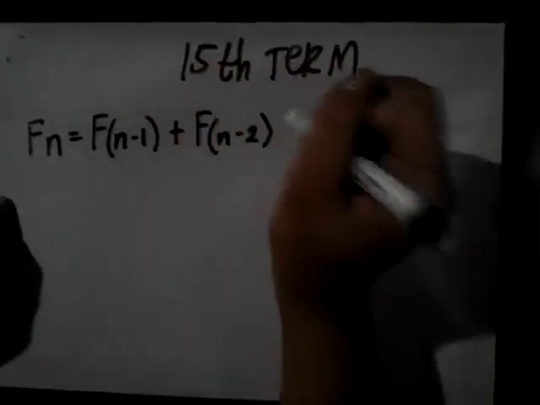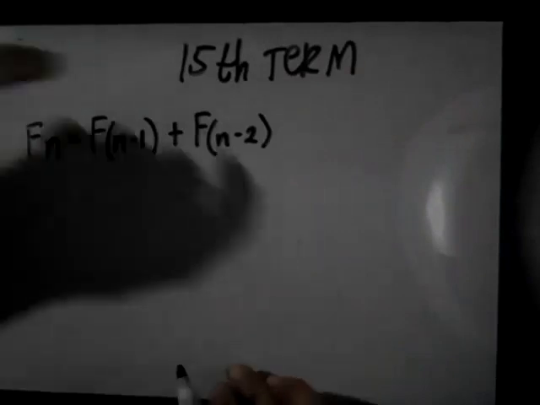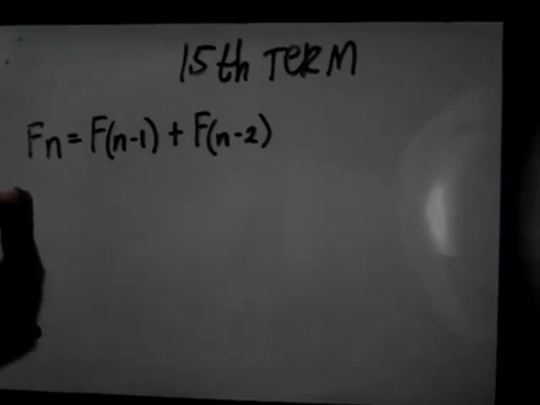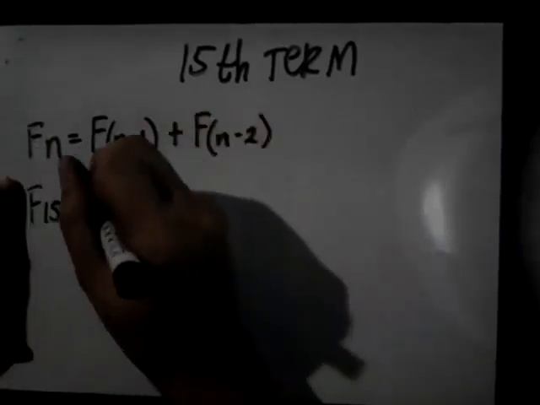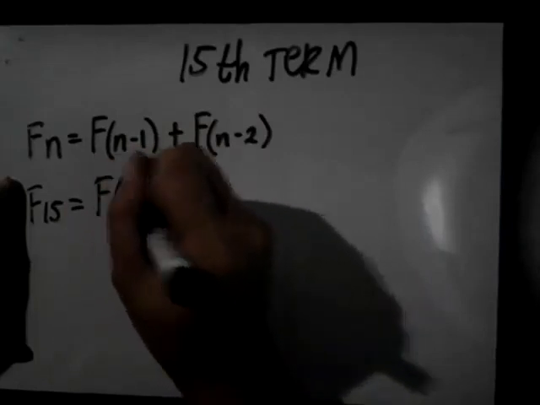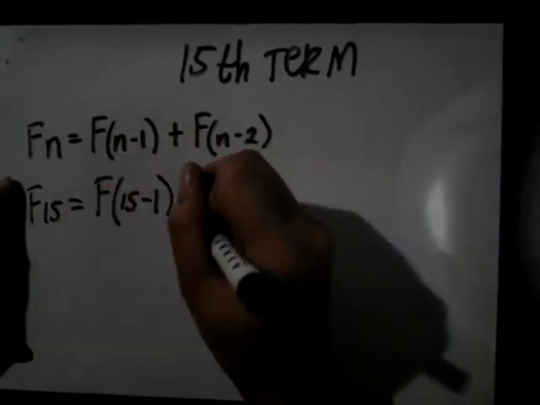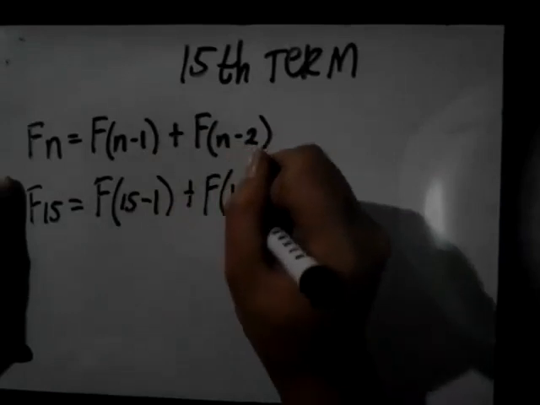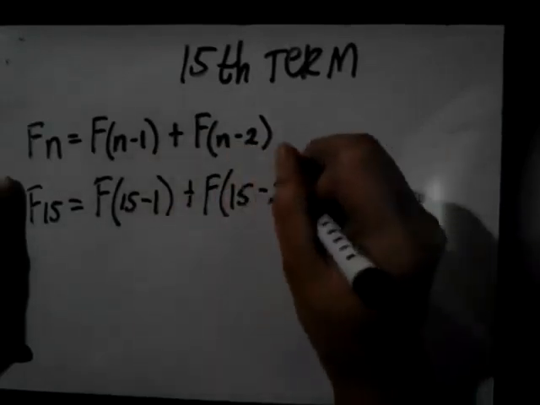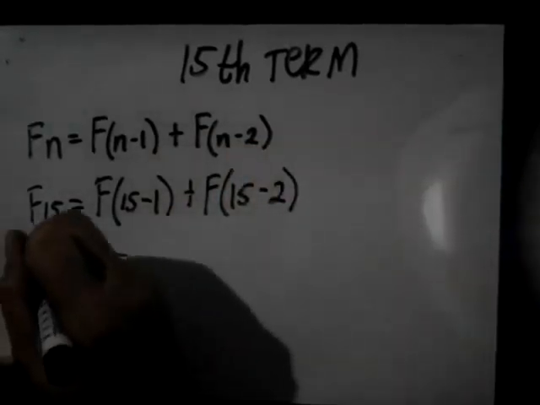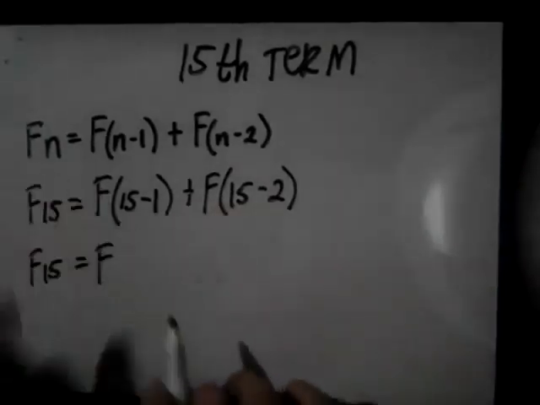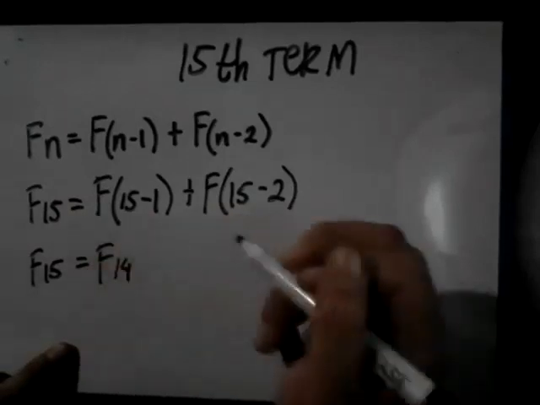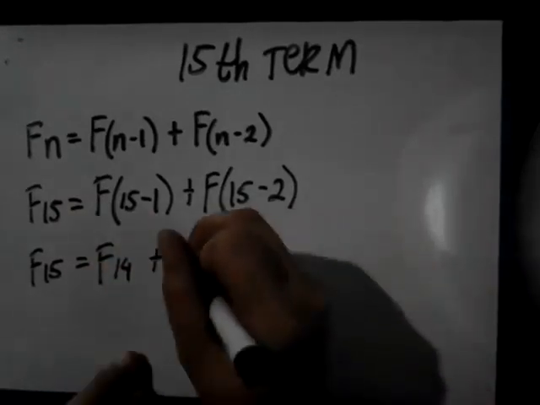Since we are finding the 15th term, let us substitute 15 for n. So f of 15 is equal to f of 15 minus 1 plus f of 15 minus 2.